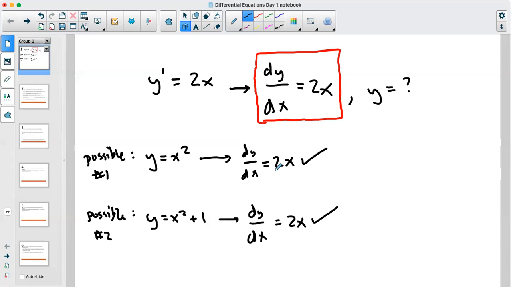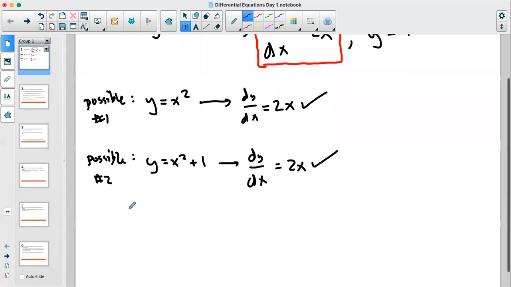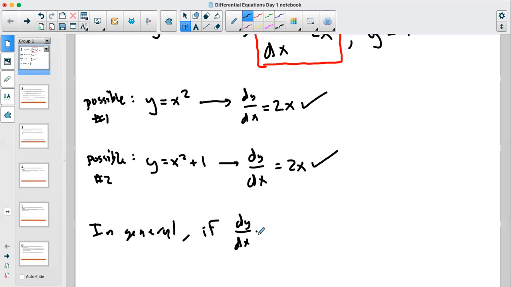So really what we could say in general is, if dy dx equals 2x, then y is x squared plus c, where c is just some arbitrary constant. It could be 1, like it was in this example, or it could be 10 or negative 50 billion or anything.